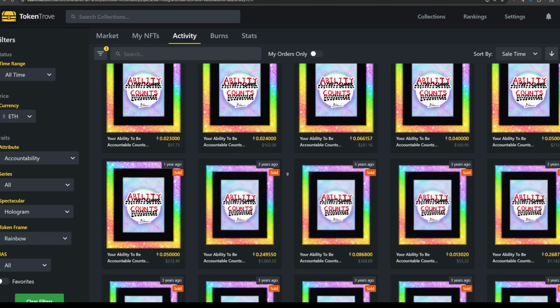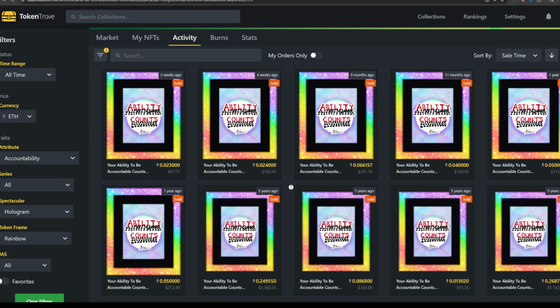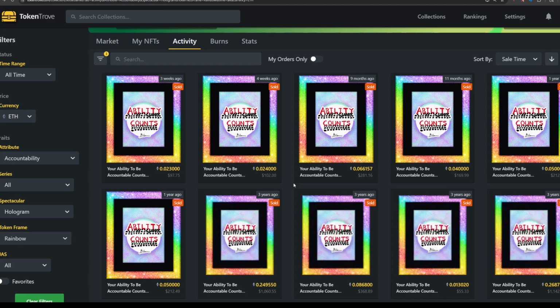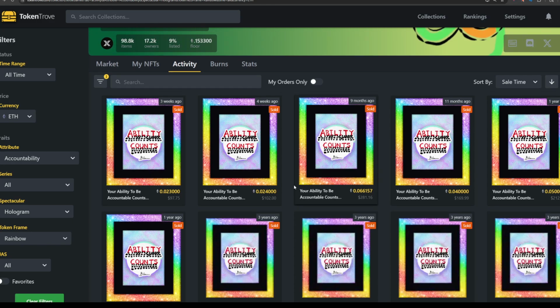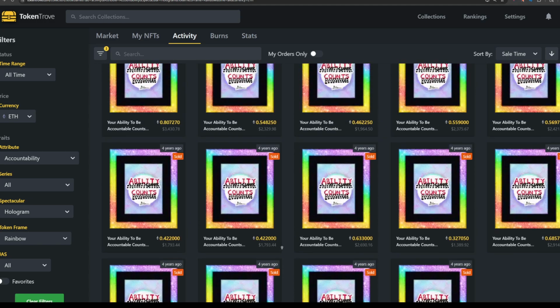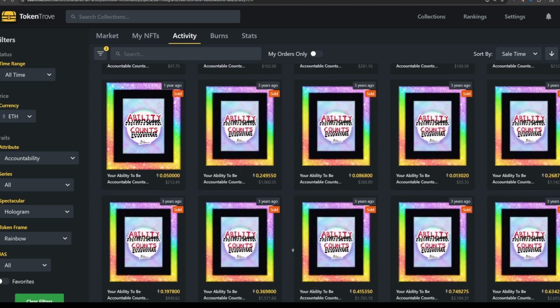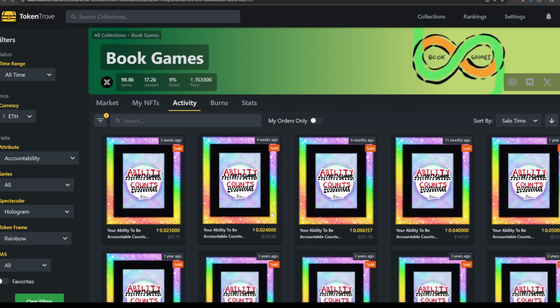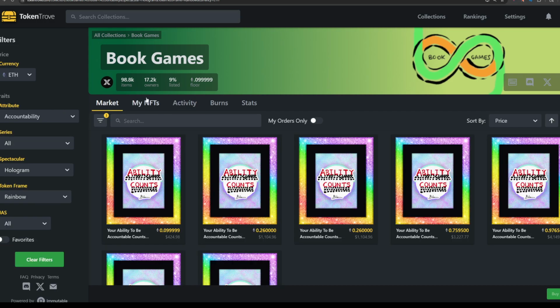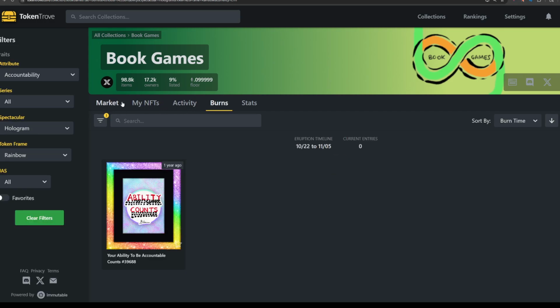Interesting, 0.5, 0.4, okay, 4 weeks, and then you get to 3 weeks ago. Wow, okay, that's interesting. But yeah, so that's this order book for things that have been sold for this specific token. As you can see, there are not a lot of tokens in circulation, or at least that have been sold. I wonder how many burns. 1 burn.